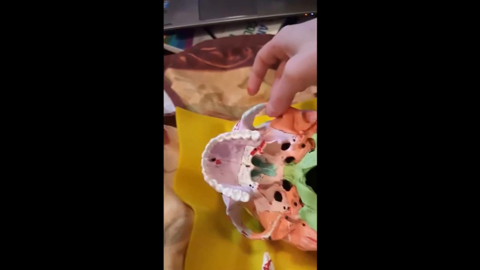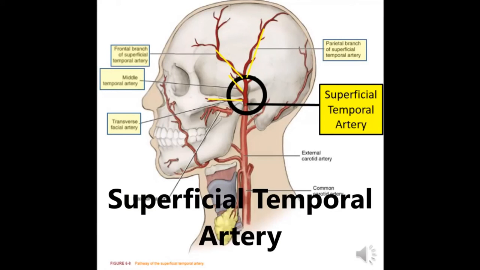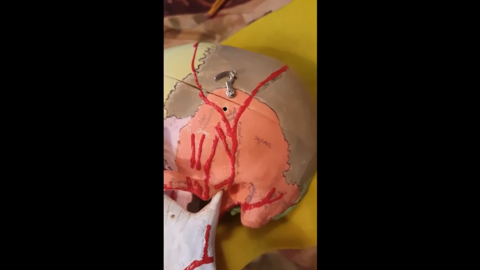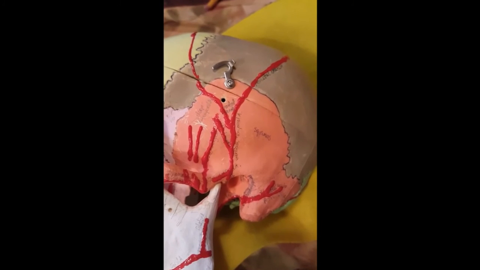The last one that we'll discuss is the superficial temporal, so we'll go to that next. The final branch of our external carotid artery is going to be our superficial temporal artery.